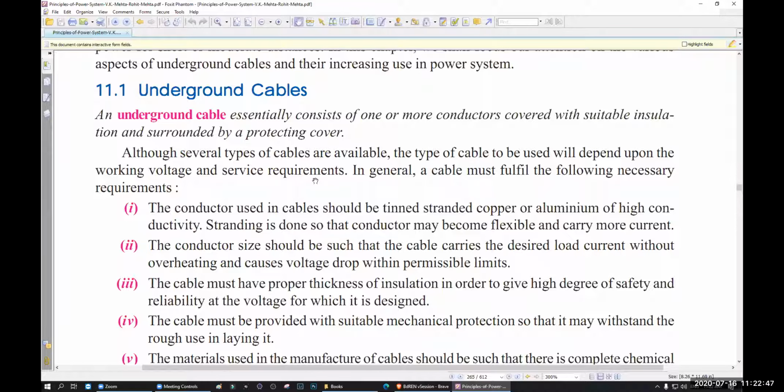Although several types of cables are available, the type of cable used will depend upon the working voltage and service requirement. Obviously the voltage value and the service you need will define what type of conductor you need.